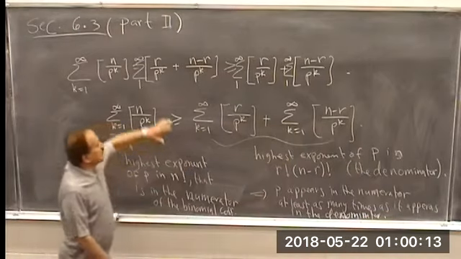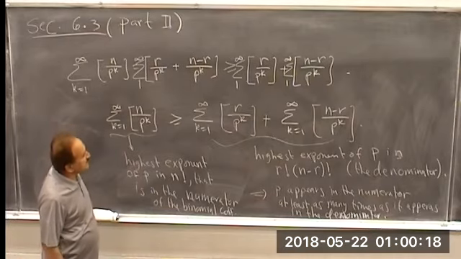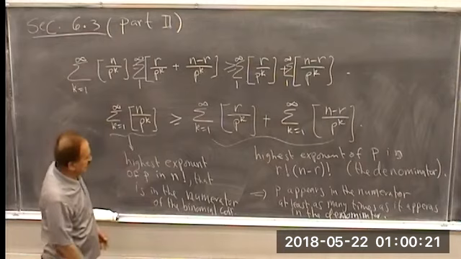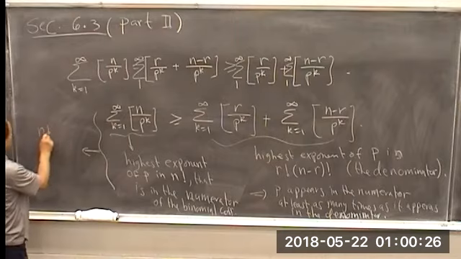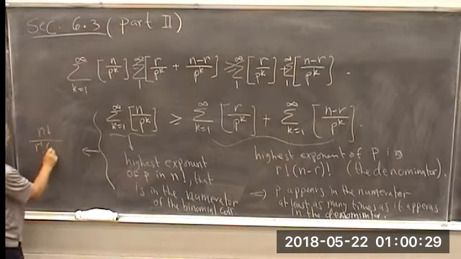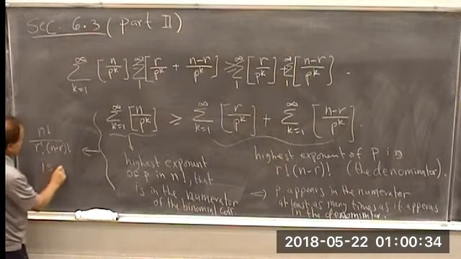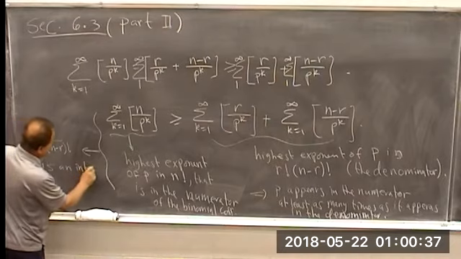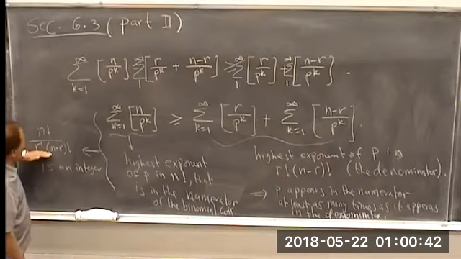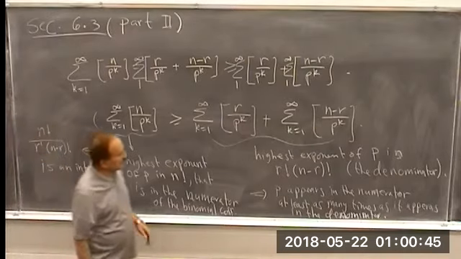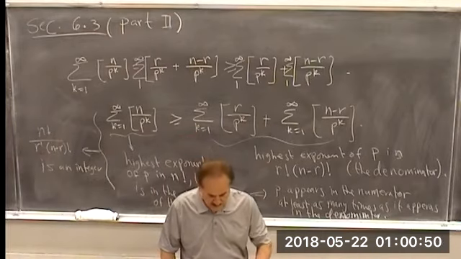And of course, this is true for every prime, all right? The net result is that n factorial over r factorial times n minus r factorial is an integer. So every prime in here appears at least as many times as in the denominator. So when you cancel all the primes, we end up with an integer.